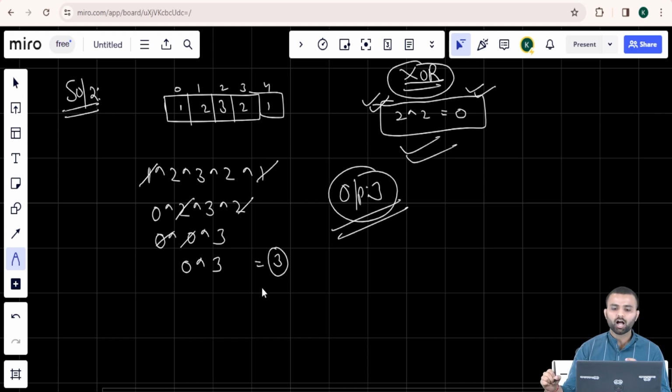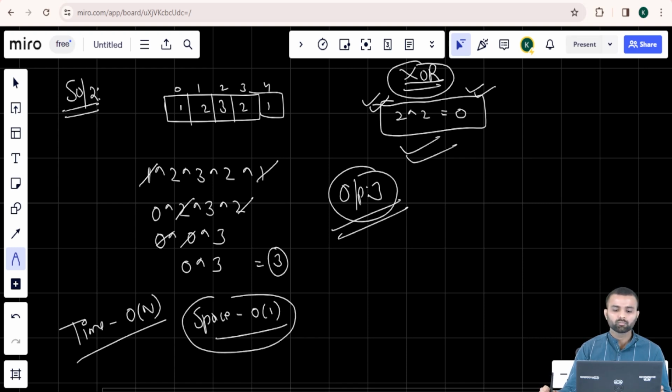So what's the time complexity of this solution? We are just traversing once, so it is O(n), only one traversal, and space is O(1), right? So let's code this now.